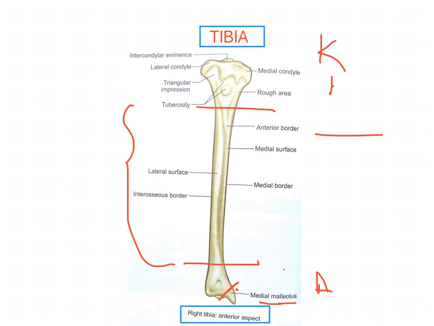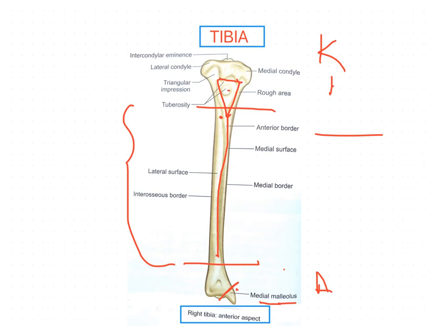If you see the anterior and posterior aspect of the bone, the shaft is triangular in section and has a sharp anterior border. So on the anterior side it has a sharp anterior border, and it is also triangular in shape, and this prominent border runs down from the prominent tibial tuberosity.